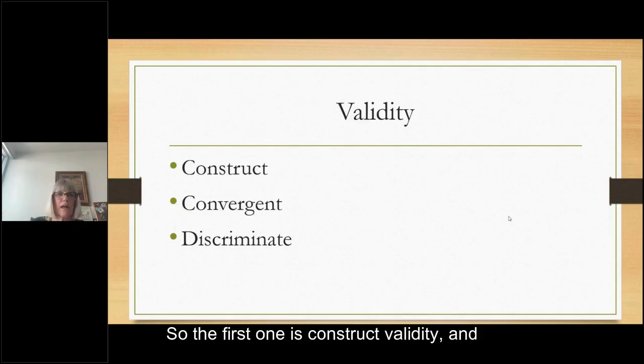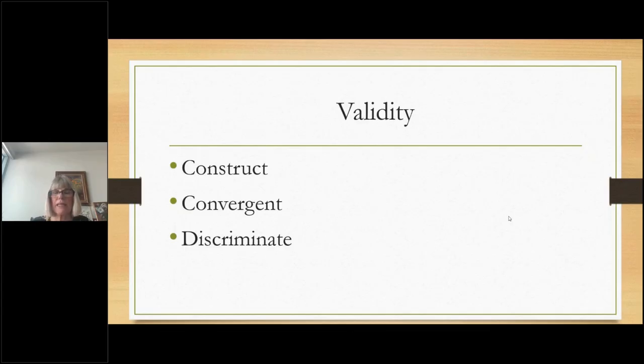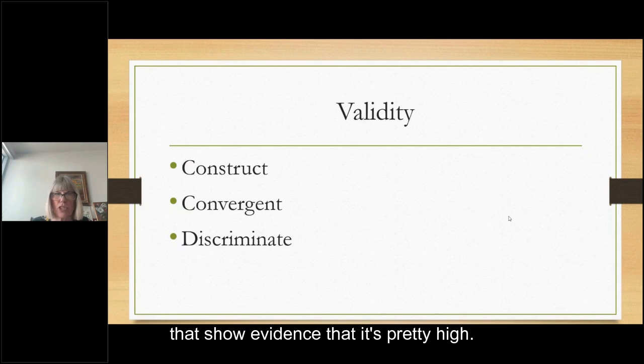So the first one is construct validity, and it's exactly what I just said. How well do the items or the scores produced by this instrument measure the construct we say? And we have several studies that show evidence that it's pretty high. Convergent validity is simply if I give a student a rating, let's say on mathematics, and then I give the same student a mathematics achievement test, and then I correlate those 2 scores, they should be somewhat related because they're measuring mathematic strength.